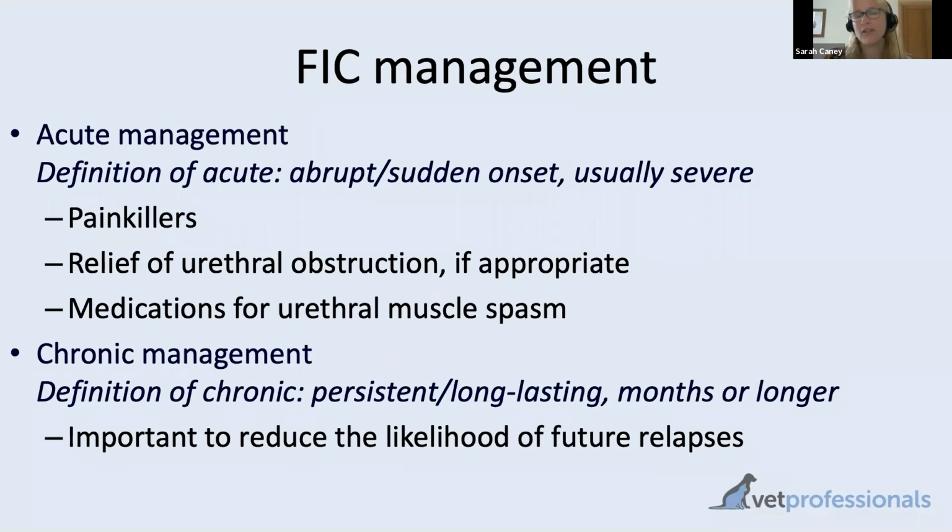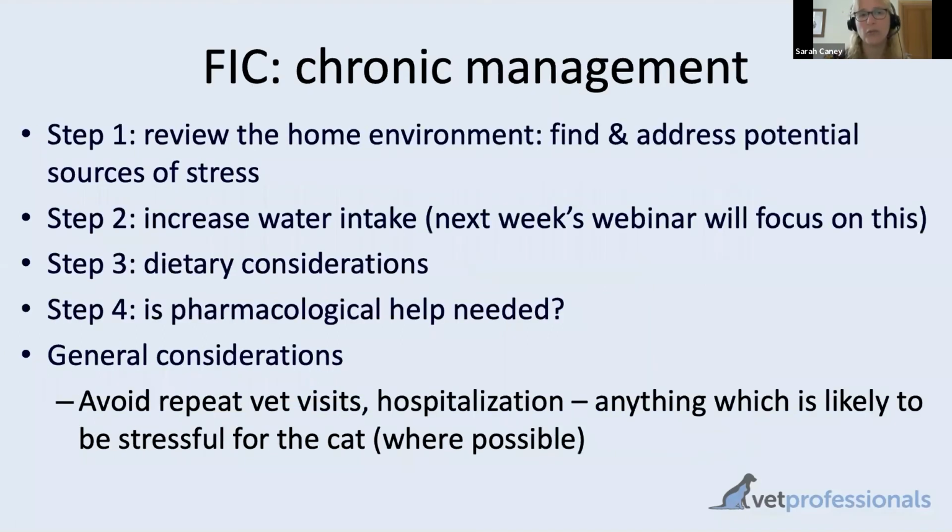Then we need to move into the chronic or the long-term management. The important thing here is wanting to minimize the risk of future episodes where at all possible. And the steps that I tend to follow for these sort of cases would be the ones that are listed on this slide.